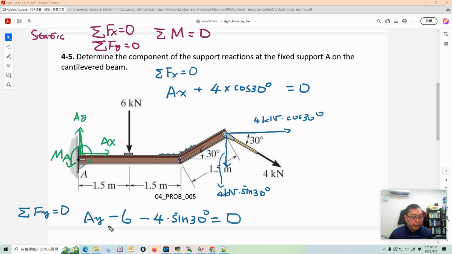The final one is the sigma moment: the total moment of the whole system is equal to 0. We assume there's a reaction moment MA, so we have to write it out, and we use A as the reference point.